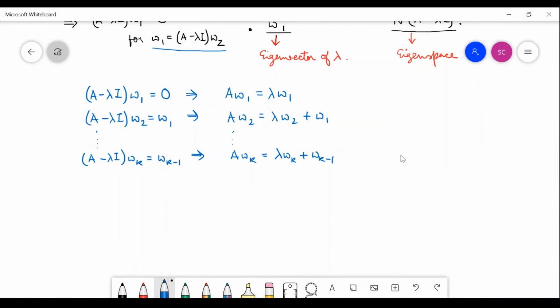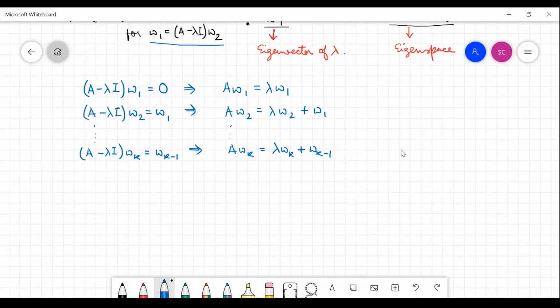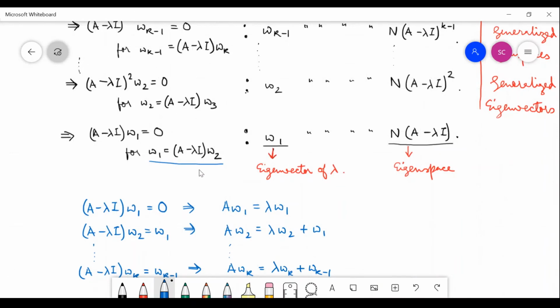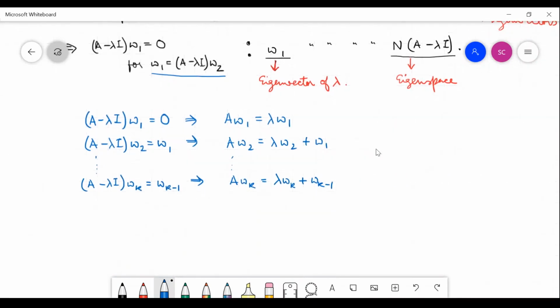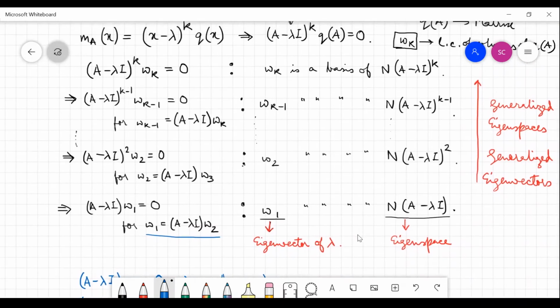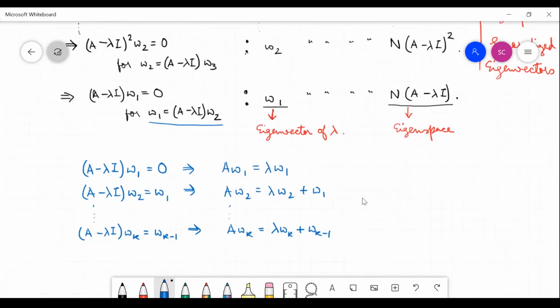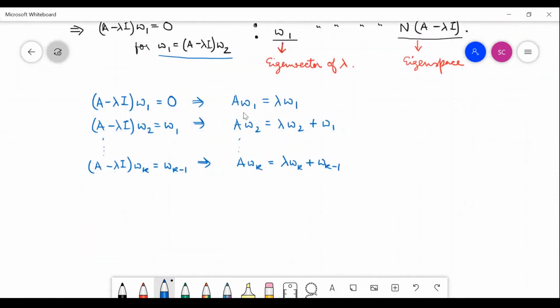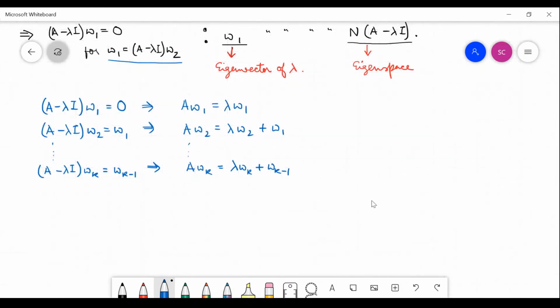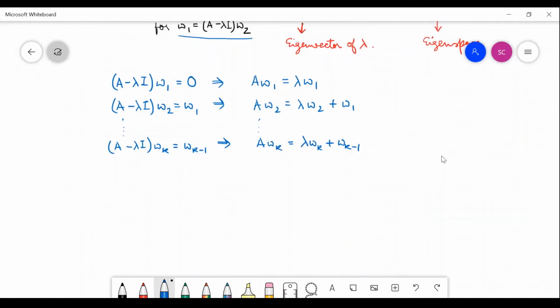So these are the relationships. This comes from all this, right? You have seen. So from all this, these relationships are coming. When you have found out these omega k to omega 1, you can write this relationship, and from here you can see that I can write in the below.